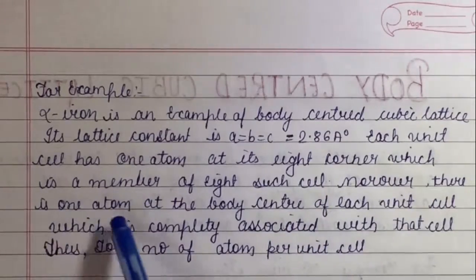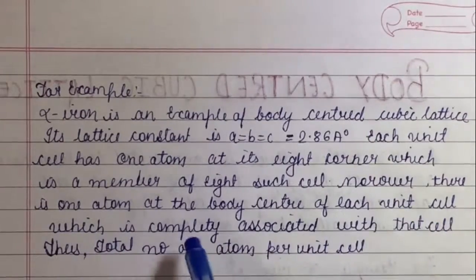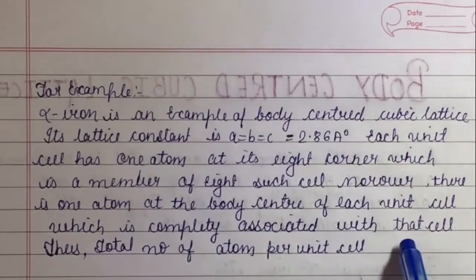Moreover, there is one atom at the body center of each unit cell, which is completely associated with that cell. Thus, the total number of atoms per unit cell equals 2. As we discussed previously, 1 upon 8 into 8 plus 1 equals 1 plus 1 equals 2. So, the total number of atoms per unit cell is 2.